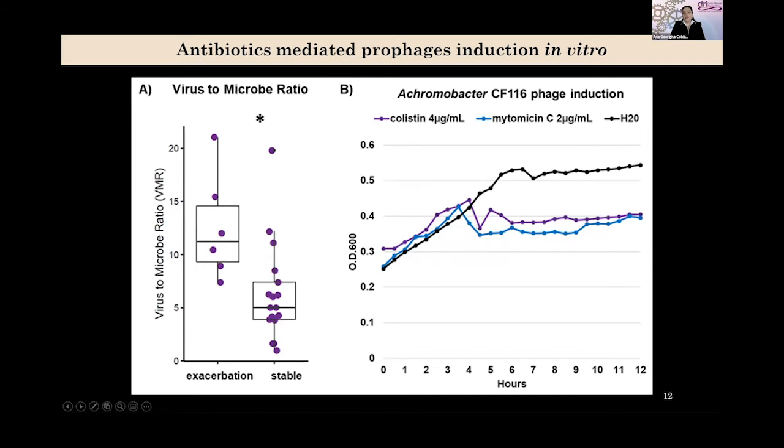And this decay is because phage particles are induced and they blow apart the bacteria. So we see a phage induction event with a known phage inducer. But we also tried that with the antibiotic colistin. So we grow the bacteria with colistin and we see a phage induction event. So this is just one of the mechanisms in vitro of how these prophages could have been induced, but there are many, many other mechanisms that could induce prophages.